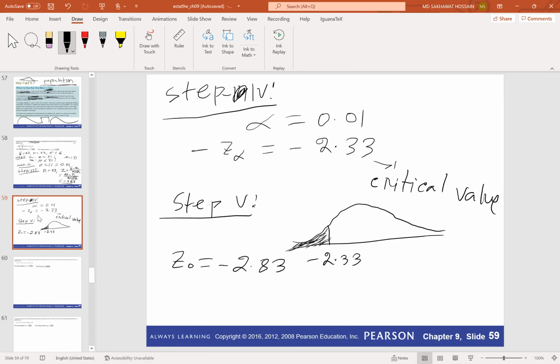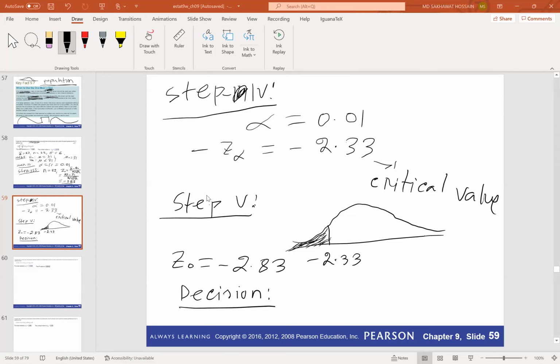Is it in the rejection region or outside the rejection region? So what do you think? If the test statistic is in the rejection region, we'll reject the null, otherwise we'll fail to reject the null.